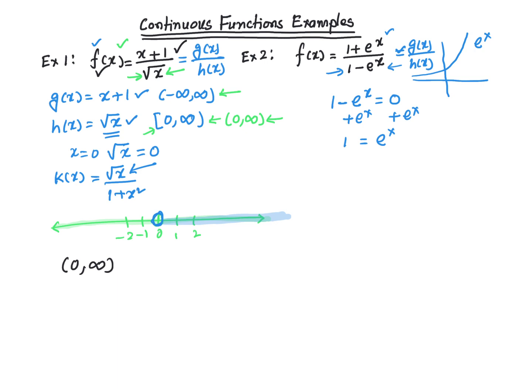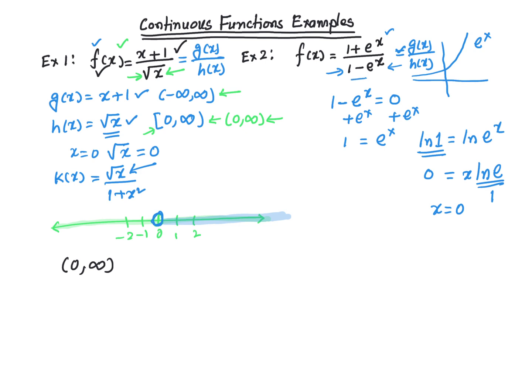Now to solve for x, I can apply the natural log to both sides, because natural log is the inverse of the exponential function. So ln of 1 is equal to ln of e to the power x, but ln of 1 is 0. And ln of e to the power x is x times ln of e. But ln of e is just 1, so that gives me 1 times x, which is x, or x is equal to 0.